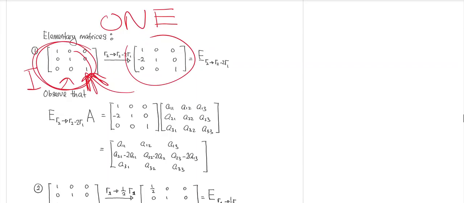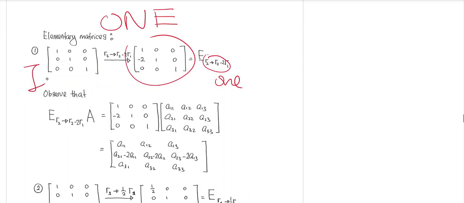That's the definition. Sometimes we write our elementary matrices using these notations to spell out everything you need to know about that one operation that you did, to indicate how you get this elementary matrix. This elementary matrix is obtained by doing this one single row operation on our identity matrix I. That's the definition, as simple as that.